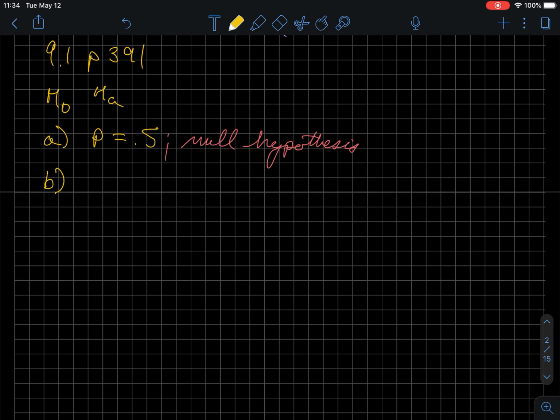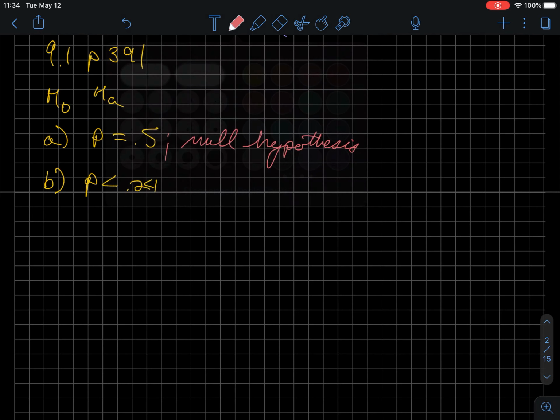If we look at B, it says the proportion of all Canadian college students who are regular smokers is less than 0.24, the value it was 10 years ago. So what this is saying is that P is less than 0.24.